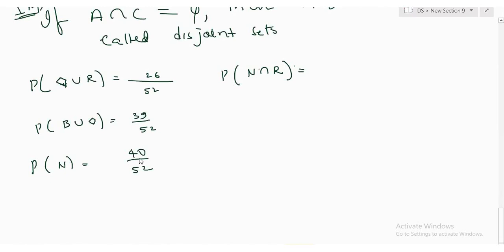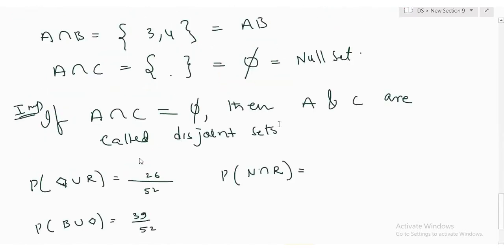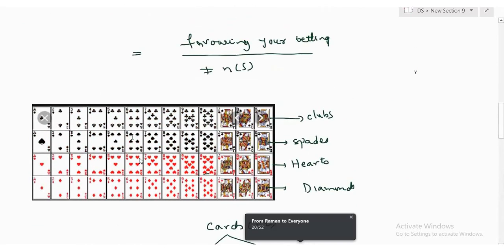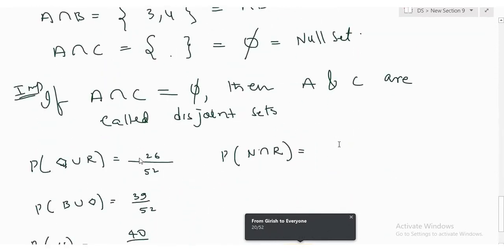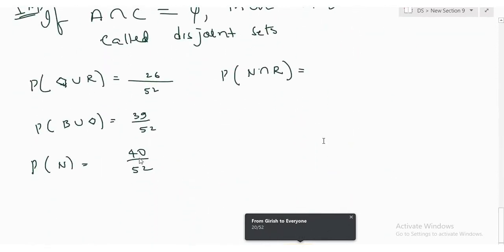It should satisfy both conditions, number as well as red card. How many such cards are there? Number as well as red, only 20. So 20 by 52.